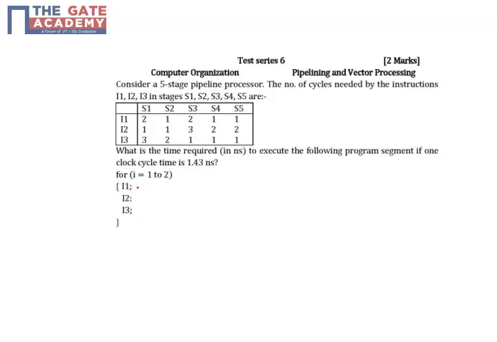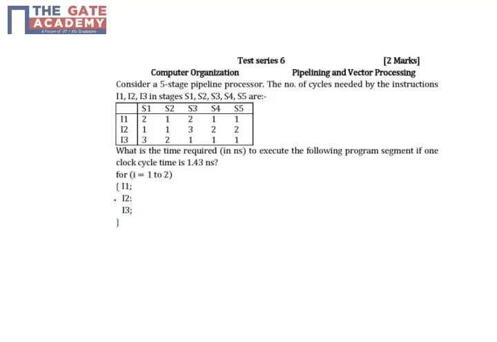You can understand easily that this particular loop has 3 instructions, I1, I2, I3 in sequence, and after that we will have to execute the same again. A for loop is also a branching statement, and if we have to execute this loop 2 times, that means first I1, I2, I3 will be executed normally according to our pipeline, but after I3 there will be a branching.